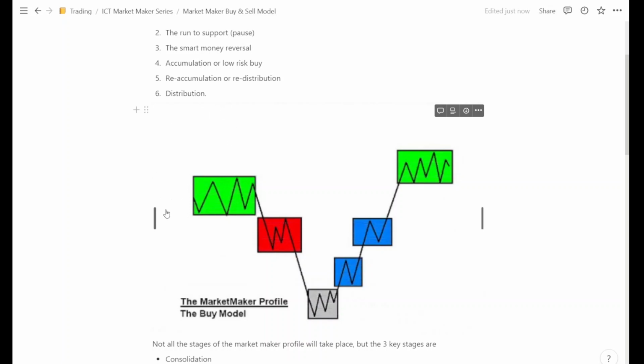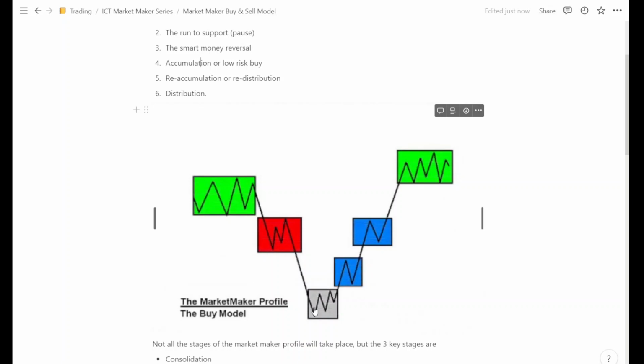Price falls short of it, consolidates, and then moves away from it without getting to premium. Or there is a fair value gap, you want price to fill to go short, but price fails to do that. You begin to anticipate a potential buy model.